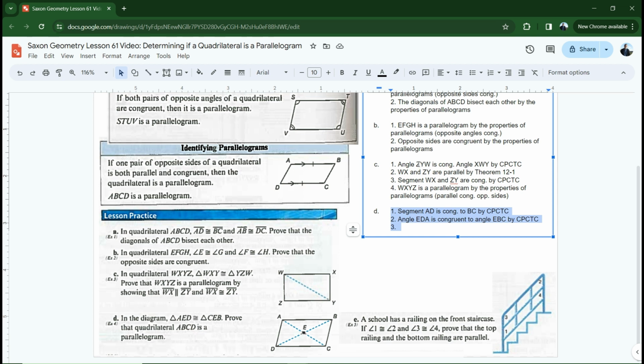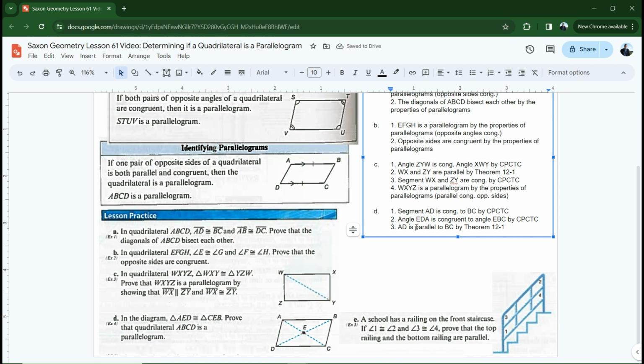So I could have done that here with ZYW and XWY. They are alternate interior angles by the definition of alternate interior angles. And then I can apply Theorem 12.1. So now that I know that they're congruent, I'm going to state that AD is parallel to BC by Theorem 12.1.